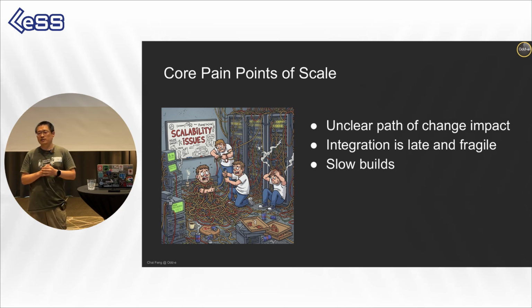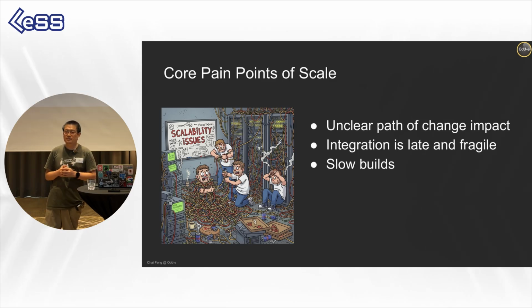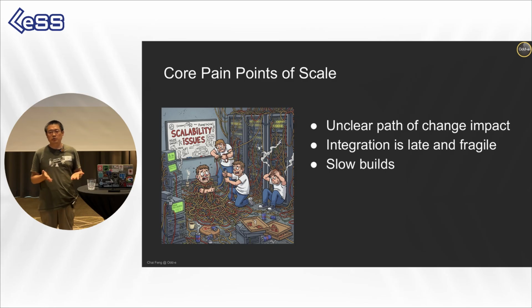The third pain point is slow builds. If a full integration build takes 7 to 8 hours, which means after a developer pushes his commit, he has to wait until the next day to see the result. To speed things up, we make a compromise.